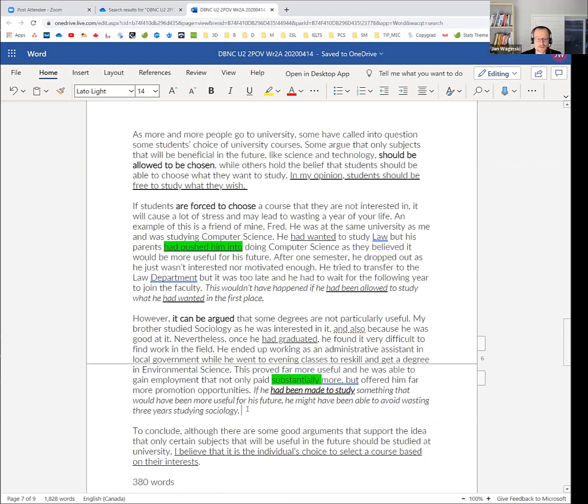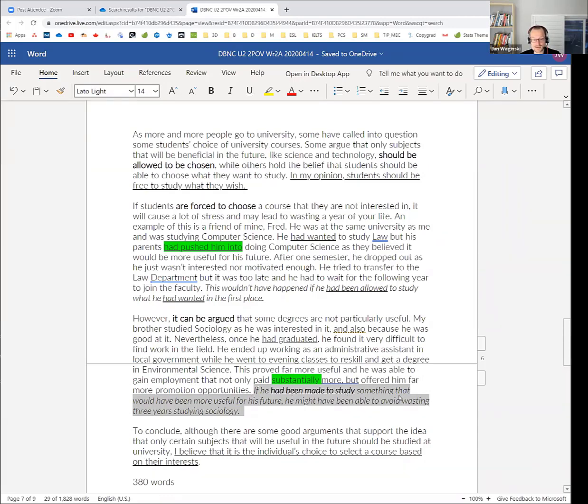And sorry, let me just clarify one point here. In this second body paragraph, what's the purpose of this final sentence compared to the author's thesis? So the author's arguing, in my opinion, students should be free to study what they wish. All right, so this is the other point of view.